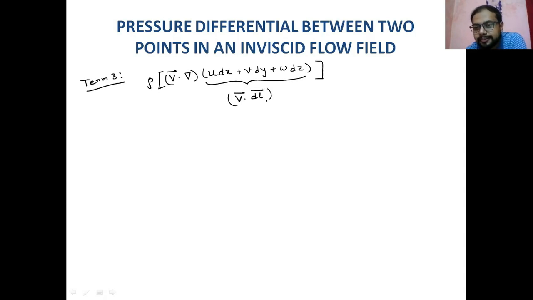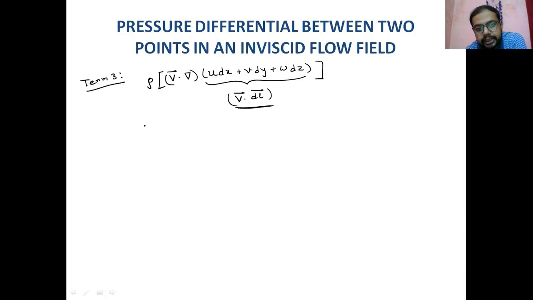This can be replaced because v is ui plus vj plus wk, and dl is dx i plus dy j plus dz k. So it can be easily written in this way.